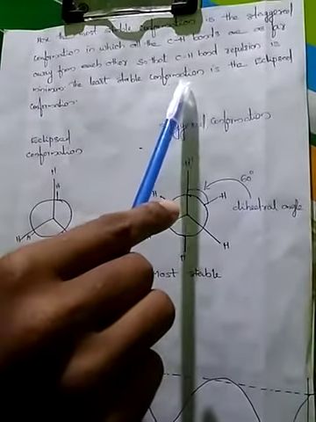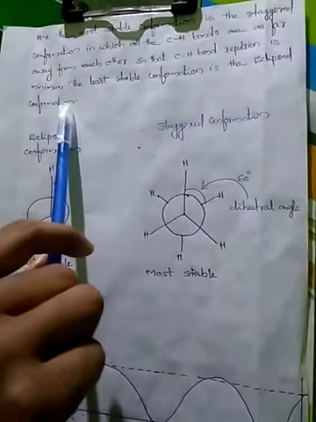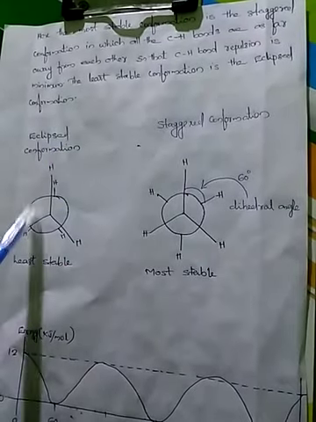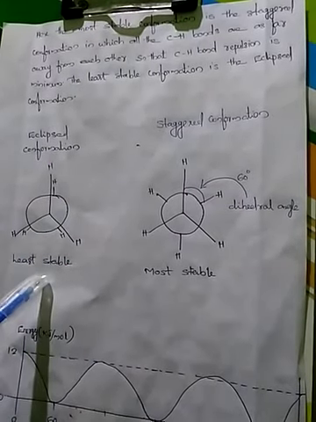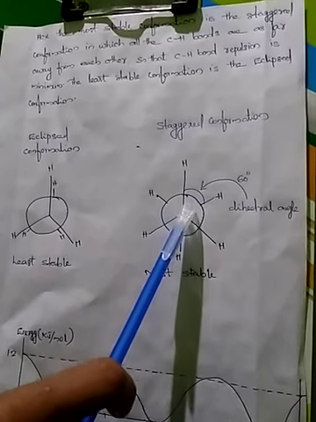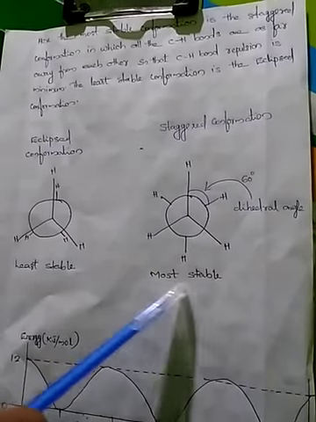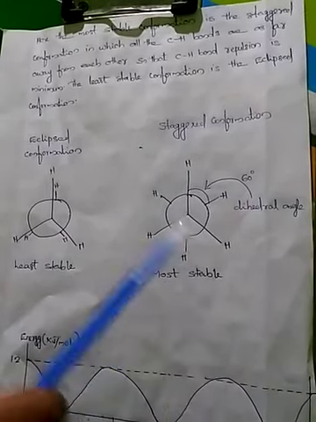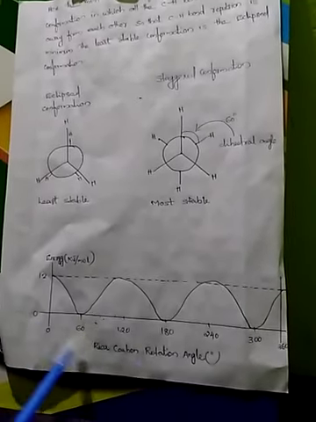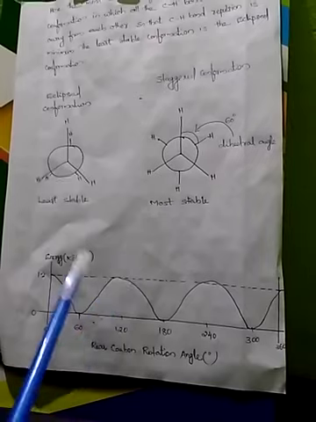And the least stable conformation is the eclipsed conformation. This is the eclipsed conformation, which is least stable, and this is the staggered conformation of ethane, the most stable one.